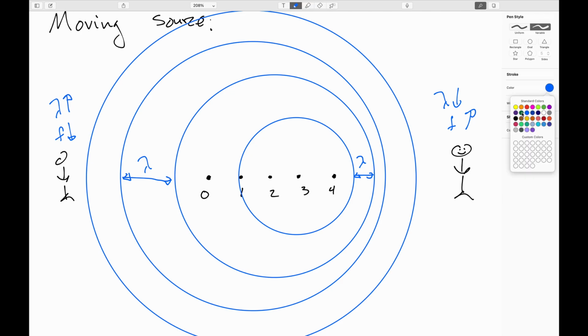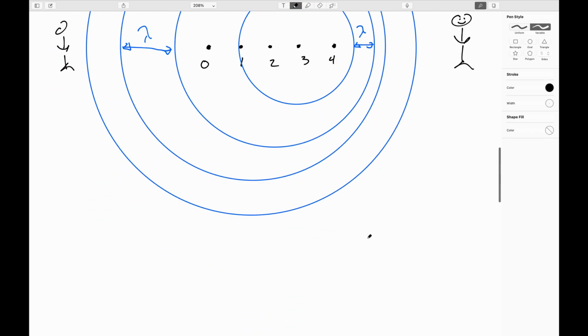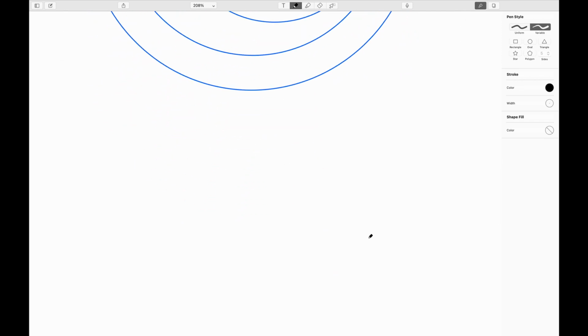And again, I'll skip the derivation because it's a little tedious and not terribly instructive, and quote the result. The frequency that you hear will be the frequency emitted over 1 minus or plus the speed of the source over the speed of sound.